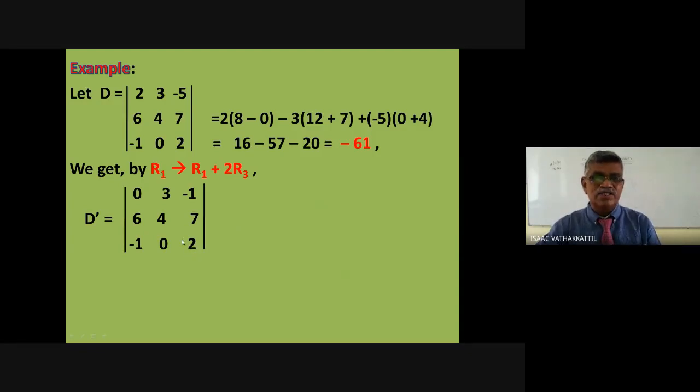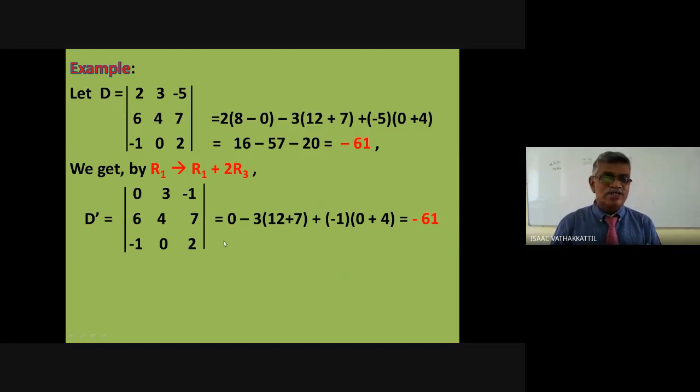We can evaluate this. If you evaluate this, what will you get? 0 into something 0. Minus 3 into 12 plus 7. Plus, minus 1 into. And you are getting same value. So this operation you can do any number of times with column or row with no restriction. You do one row, next time you can do column also.